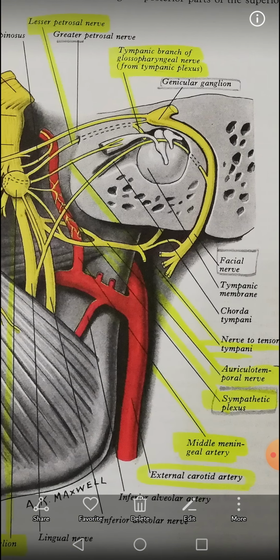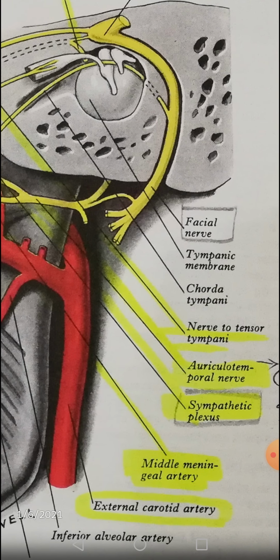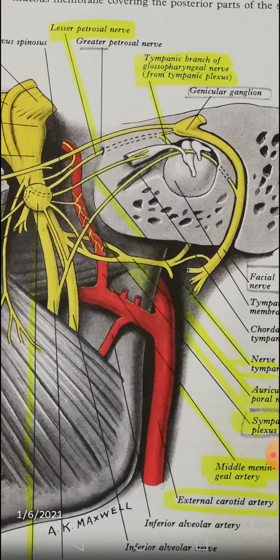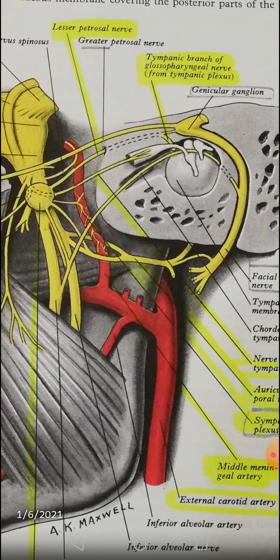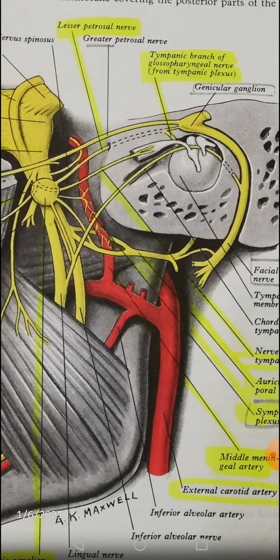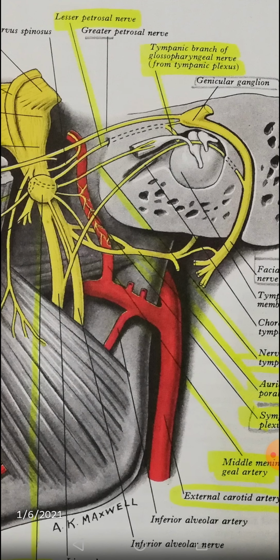I would show you the auriculotemporal nerve, which is the branch of the third division, or mandibular nerve, of the trigeminal nerve. It is basically encircling the middle meningeal artery, and from here it is distributed to the gland again.